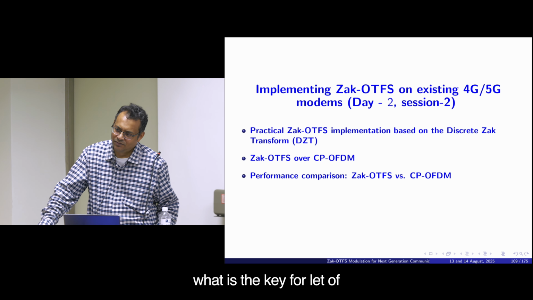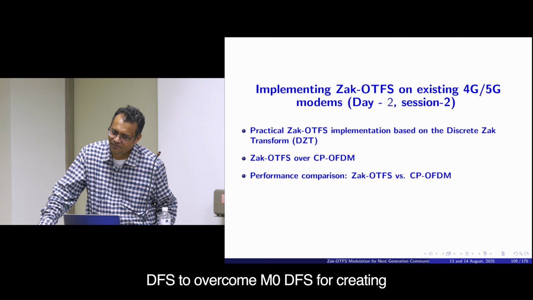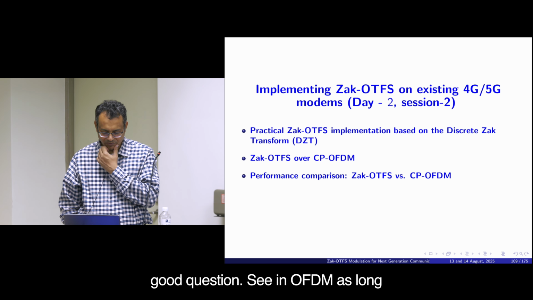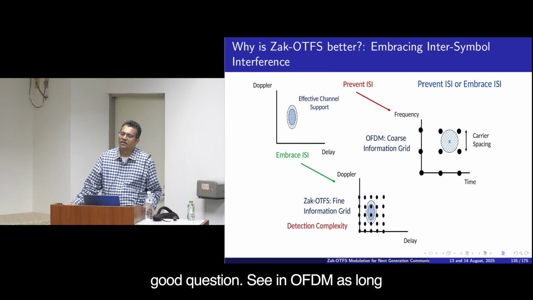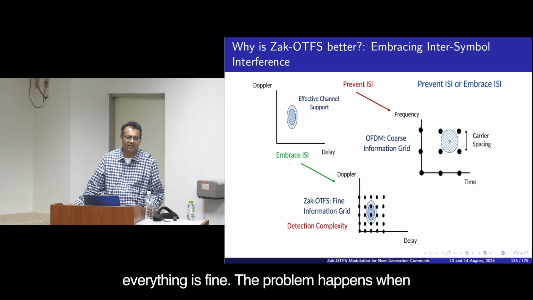I always wondered what is the key for OTFS to outperform OFDM when creating high Doppler? That's a very good question. See, in OFDM, as long as there is no inter-carrier interference, everything is fine.